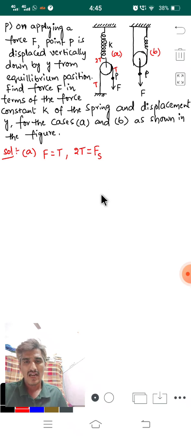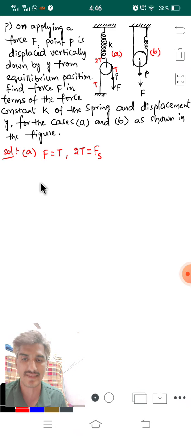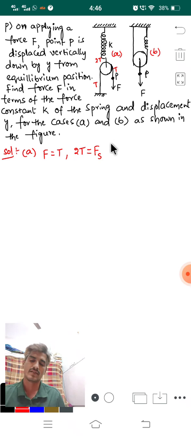What is my point on it? Now, what is that restoring force? Here, the restoring force formula is F is equal to Kx. As F is proportional to minus x, actually F is equal to minus Kx. Okay, now.